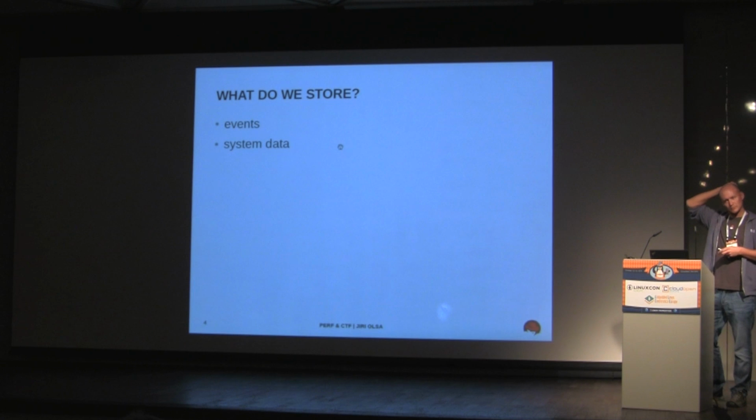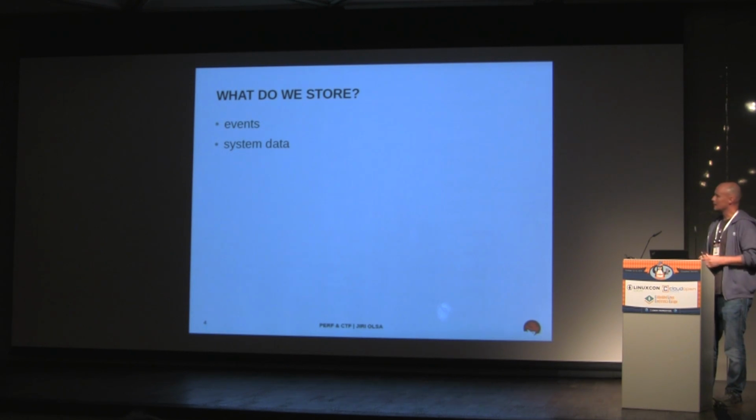What do we actually store in the data files during the tracing and profiling? We are interested in events. Events, as you probably know, are some configurable condition in the state, and whenever this condition is hit in the system, we need to store this information to the data file.